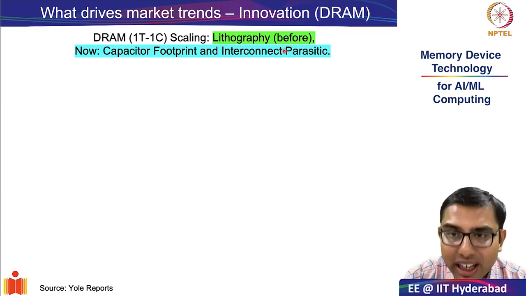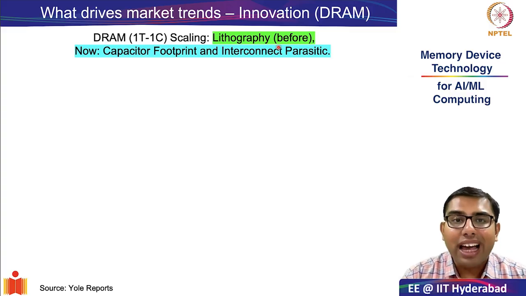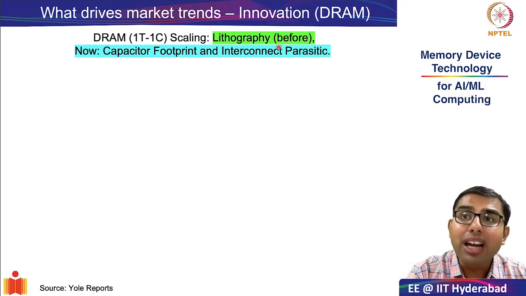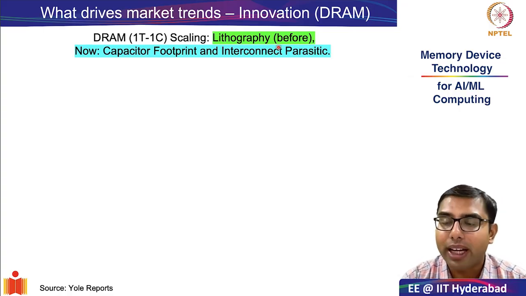However, in current technology nodes, what is driving the scaling of the DRAM cell is the footprint that the capacitor in the DRAM cell is occupying.